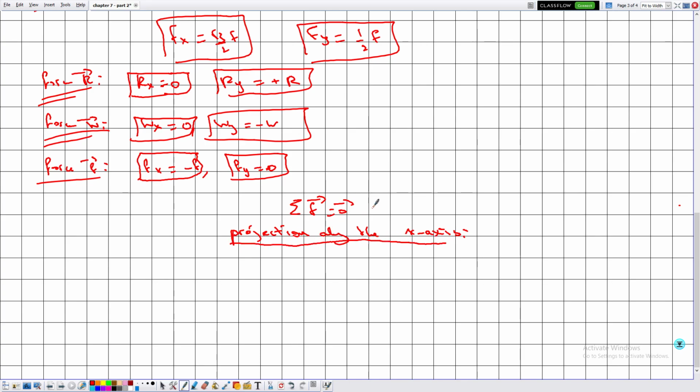Now the sum of forces is equal to the 0 vector. Let me write here that this is given by the weight plus the reaction at the support plus the muscular force plus the force of friction. Now how do you project along the x-axis? We drop down the vectors, and each vector quantity will carry the label x.